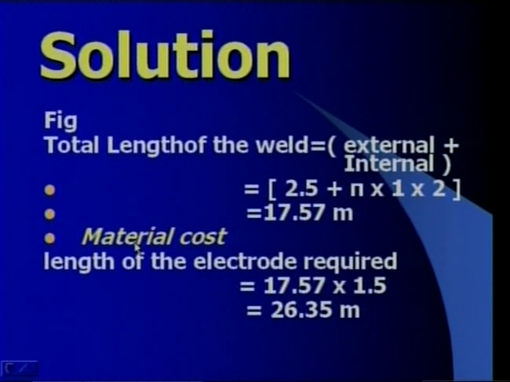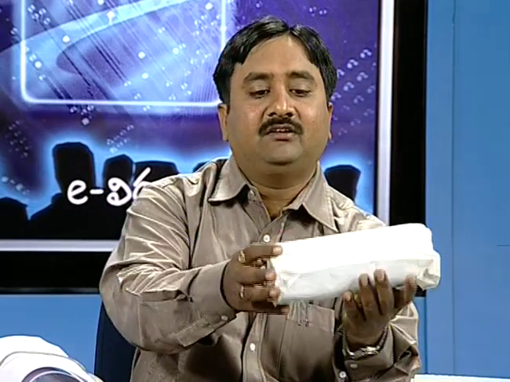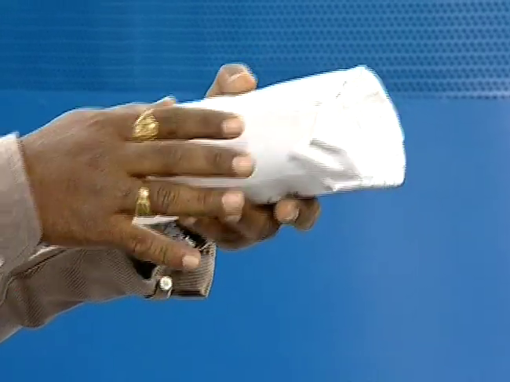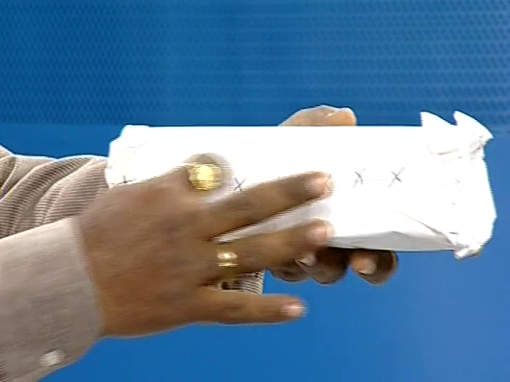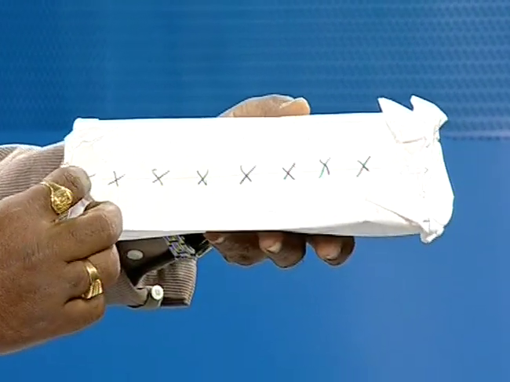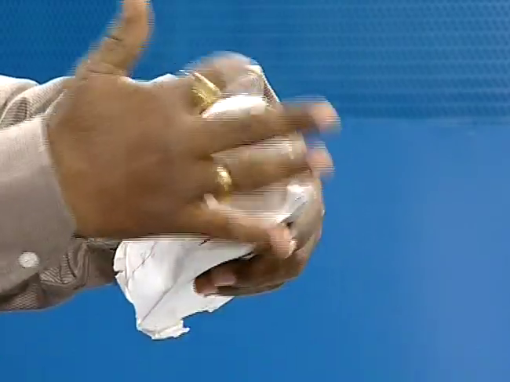Here I will make use of a simple model for this problem. So, this is the cylindrical drum I have taken, which has a length of 2.5 meters, and this is a cylindrical shell. We have done welding like this along the longitudinal seam. The cross marks which I am showing are the welding which we have done, and the two ends are blocked by using two circular plates.